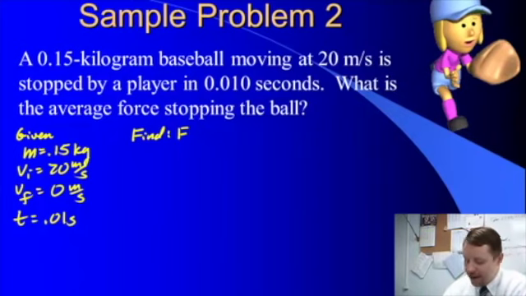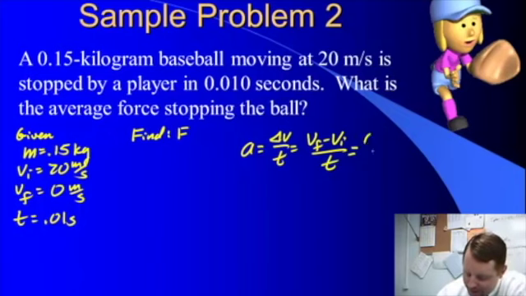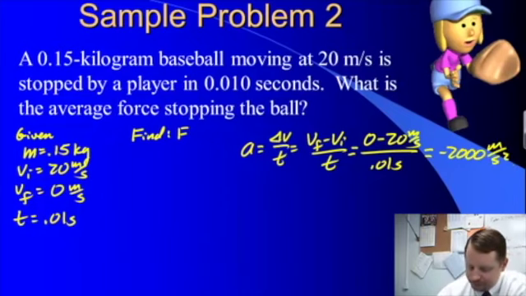We can do that using our kinematic equations. Acceleration equals change in velocity over time, or final velocity minus initial velocity over time. That's going to be 0 minus 20 meters per second over 0.01 seconds for a total acceleration of negative 2,000 meters per second squared.